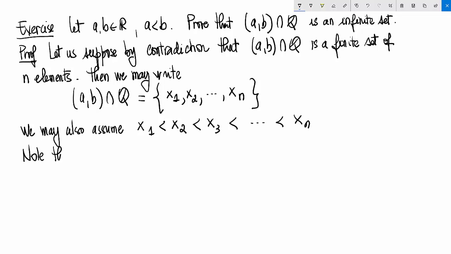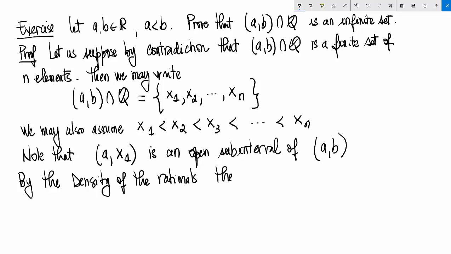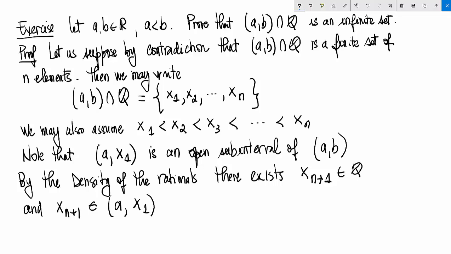Okay, so now note that the set A, x1 is an open subinterval, right, of A, B, and by the density of the rationals there exists, let's say, xn plus 1, which is a rational number, and xn plus 1 is inside this set.